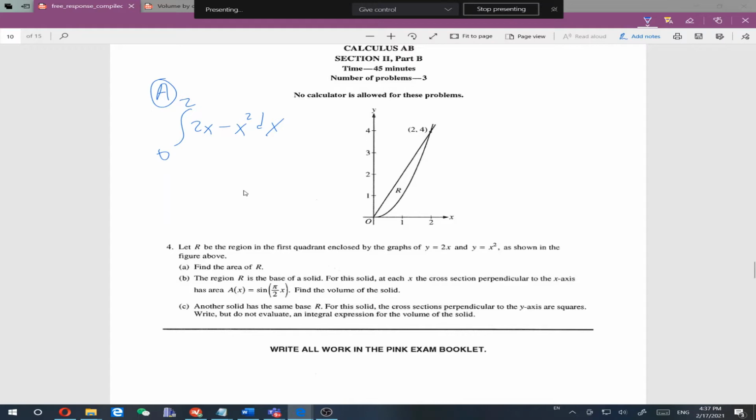X squared minus x cubed over 3. Okay, I'm integrating from 0 to 2, so if I plug in my bounds. Since it's 0, that cancels out. So it's 4 minus 8 over 3. Okay, 4 minus 8 thirds. 4 is 12 thirds. That's 12 thirds minus 8 thirds is 4 thirds.